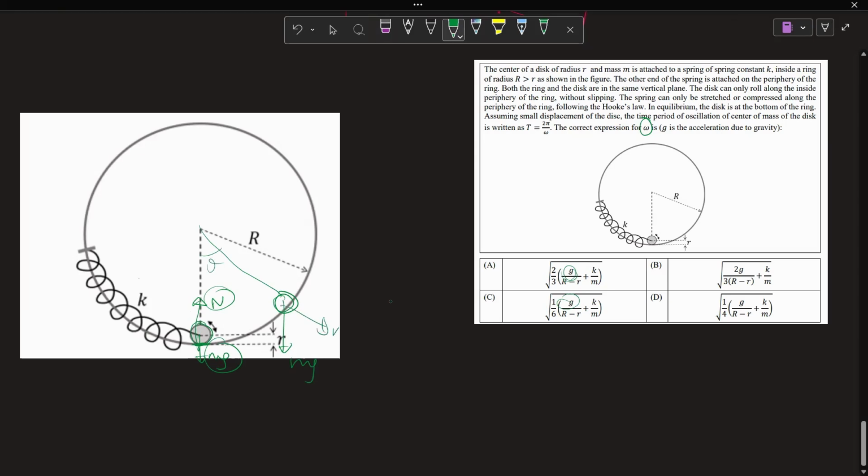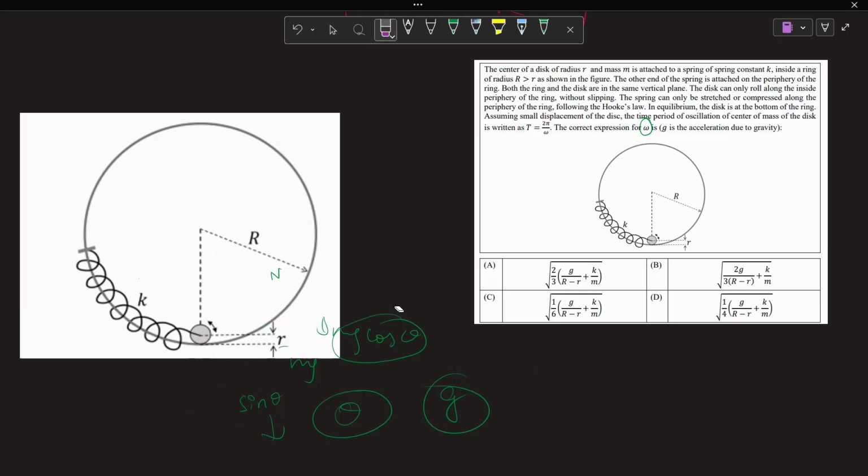This will be mg cos theta, and this will be mg sin theta. The normal will only balance mg cos theta, only one component. So mg sin theta will always be there. This is changing with theta, not a constant force. So here we will have to consider the effect of gravity. This is an important point you should consider in these types of questions, and you should also think yourself that the force due to gravity is changing with theta.